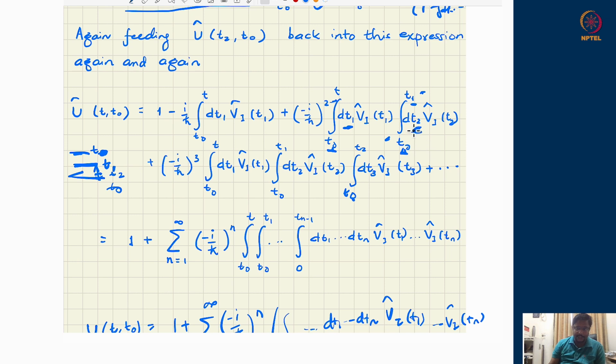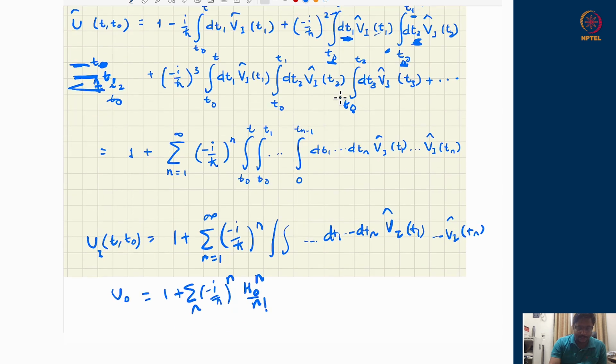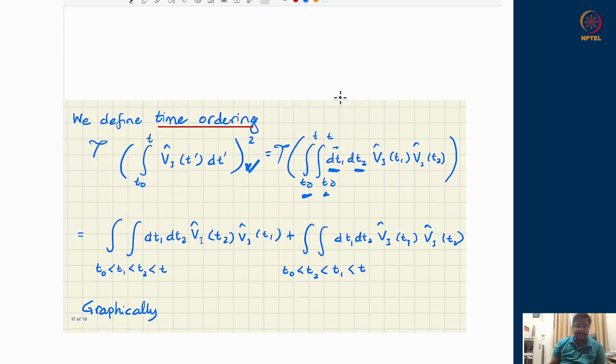The second integral is running up to the first variable, t1, which becomes the upper limit of the second integration, and that integration runs from t0 to t. We do not have a square at hand, but still I am just writing a square over here and trying to see where that leads us.